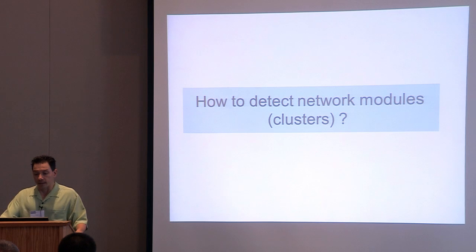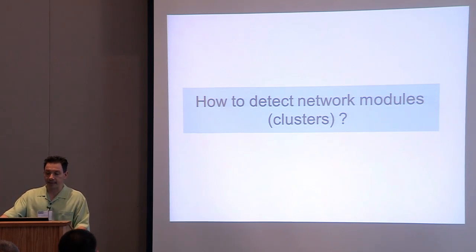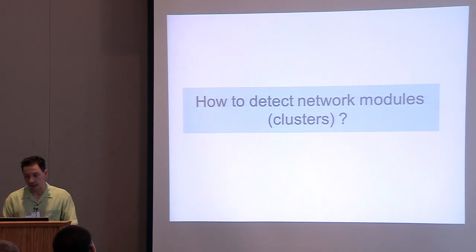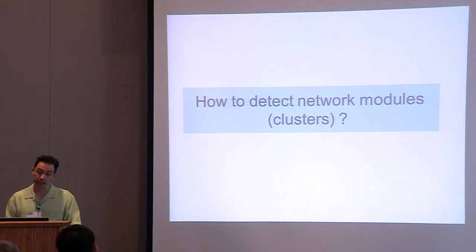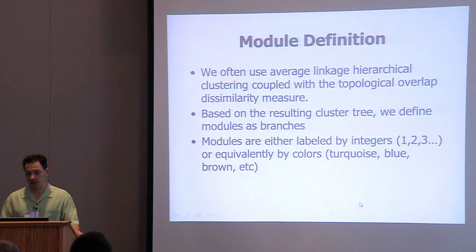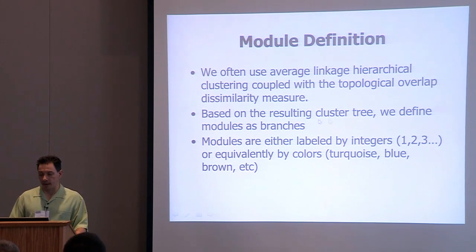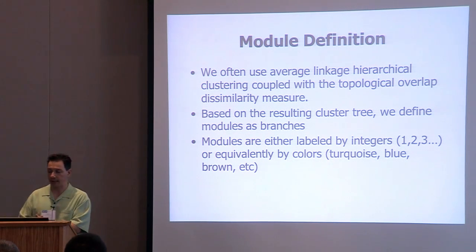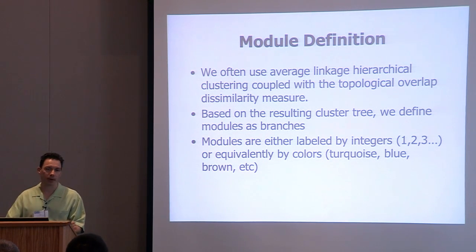Okay. So how do we detect network modules? Remember, modules are quintessential for WGCNA. And as I mentioned, we often define them using hierarchical clustering. And so as Peter Langfelder reviewed earlier today, we get a cluster tree, and then the modules are labeled by integers and typically by size.